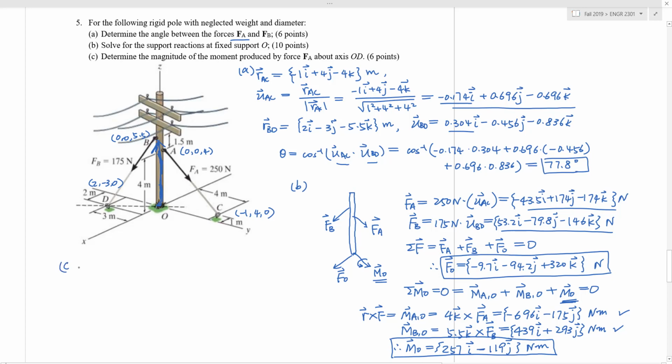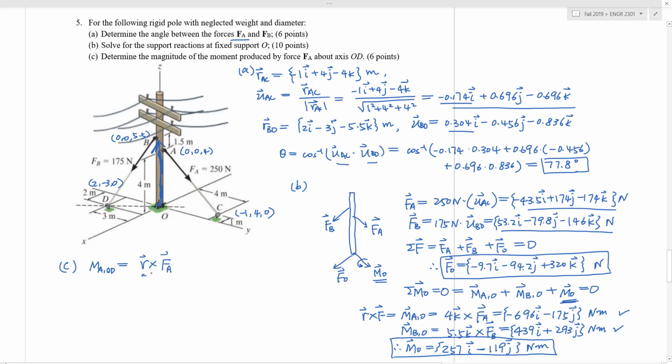So for part C, just remember you have this moment right here, which is MA about the axis OD. This equals some kind of moment.